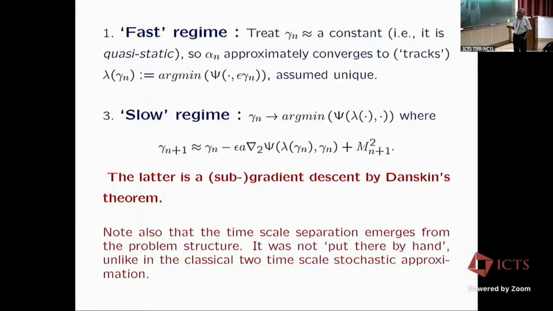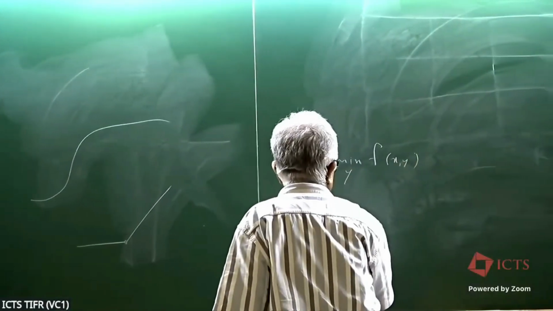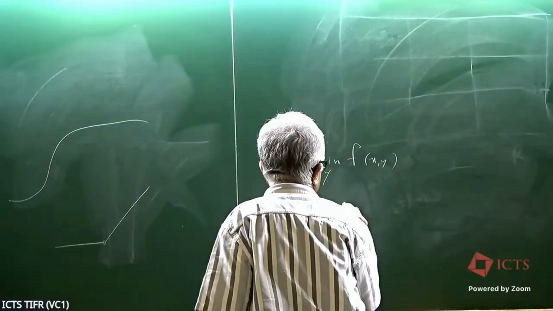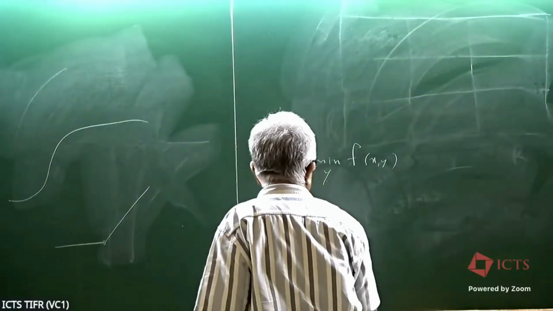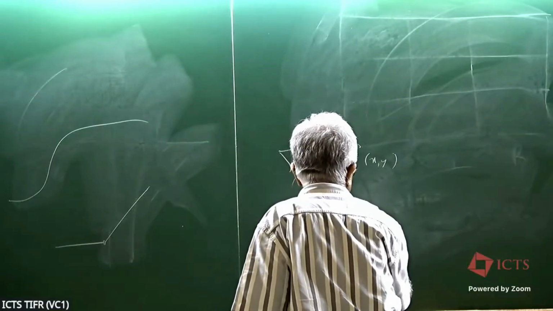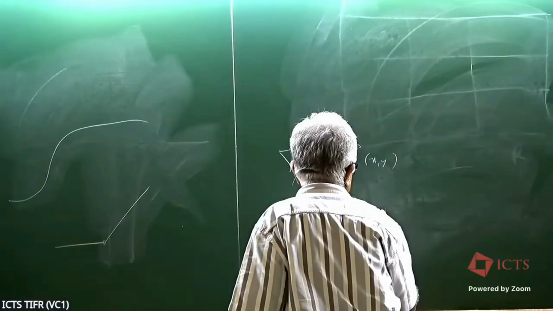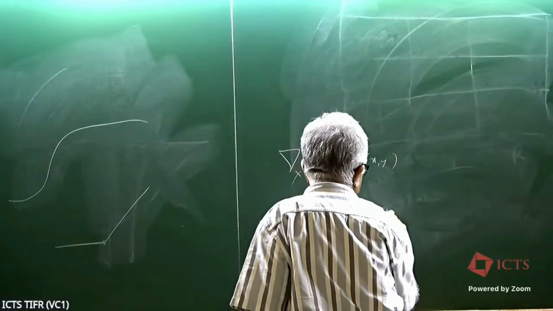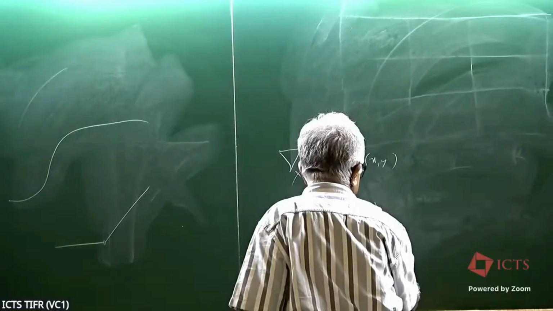If the things are not nice, it could be a subgradient descent also. But this itself is justified by Danskin's theorem. It says that basically, the vanilla version is that the gradient of min over y of f(x,y) is the gradient of f with respect to x.